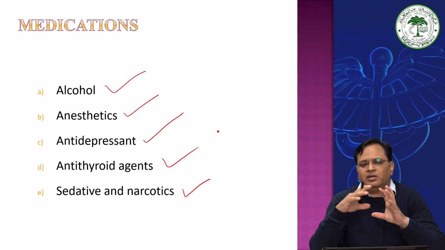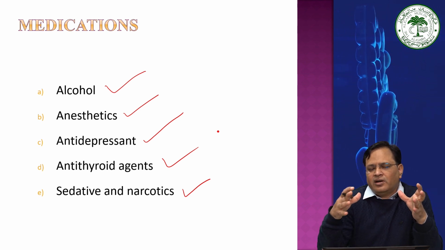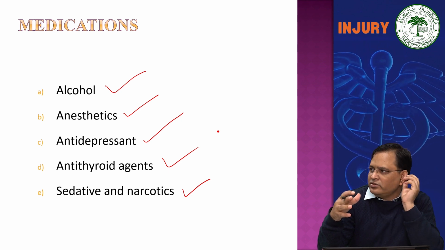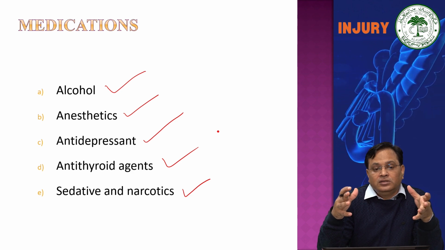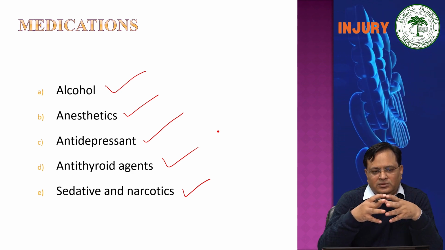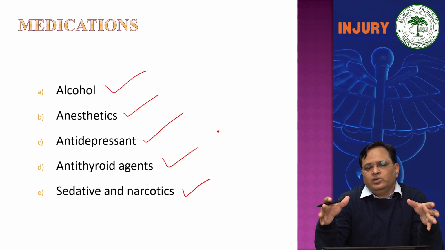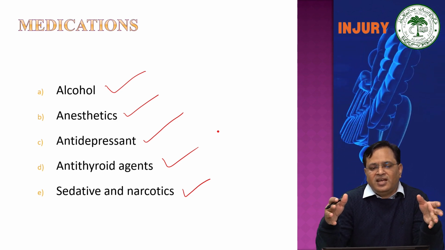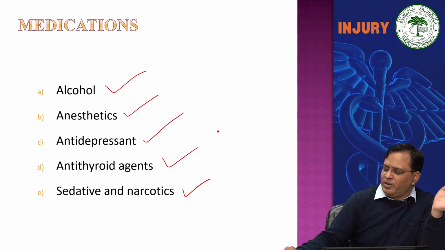As a doctor, clinician, or forensic medicine expert, we should be thorough about the social habits and social conditions of the people around us, so that we can analyze their conditions and anticipate any injury or condition which may present to us.